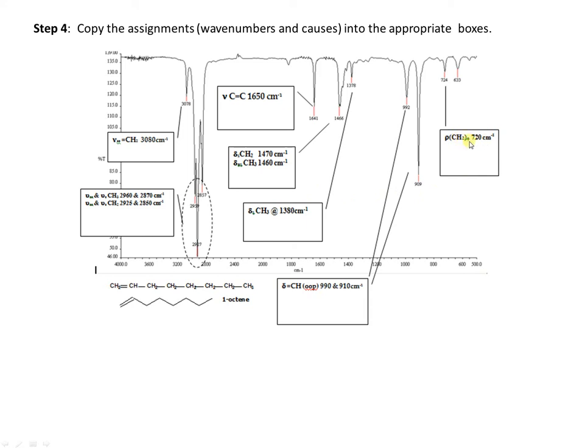But what's unique to the alkene is this asymmetric stretch of a methylene group, the vinyl group, at 3080. The 1650 carbon-to-carbon stretch for the carbon-to-carbon double bond of a terminal alkene. And then we have these CH out-of-plane bends at 910 and 990. Look how close they fall, 910 and 990. Almost right on the money.